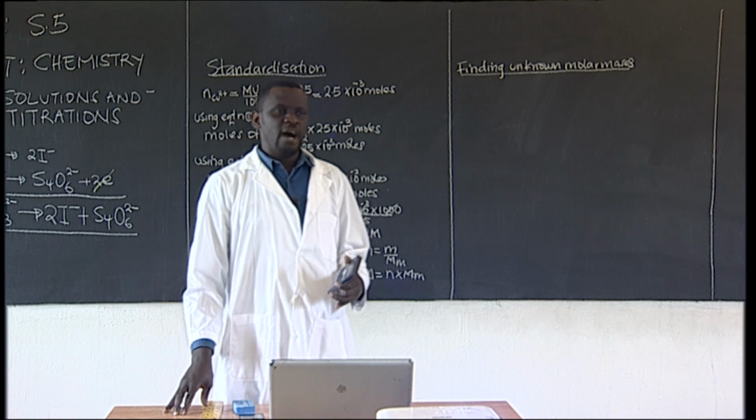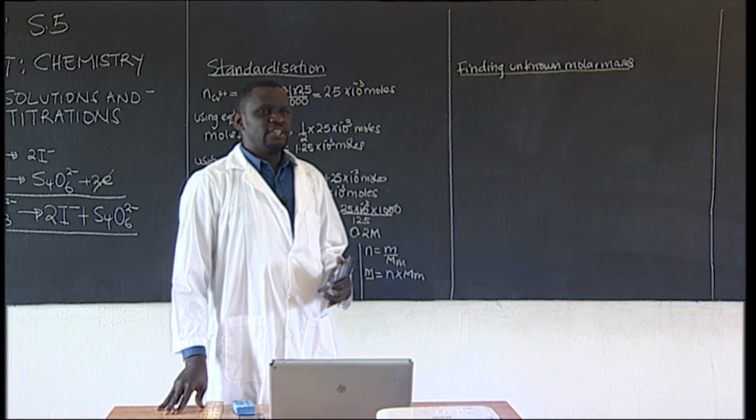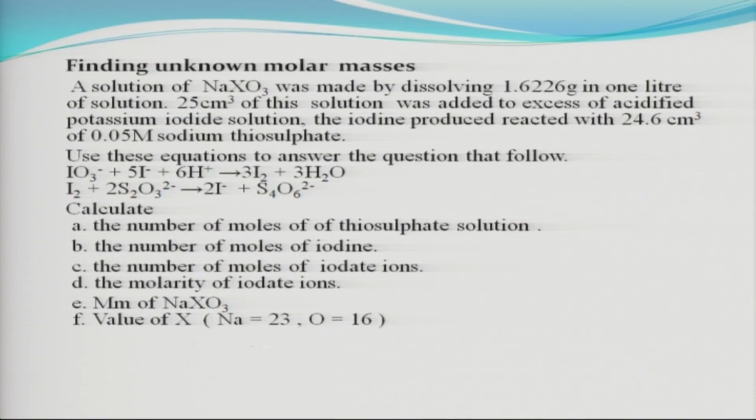If you look at our question very well, a solution of sodium, this thing is similar to something we know, which is sodium, let's not say it is that one, X, say exonate, was made by dissolving 1.6226 grams in 1 liter.